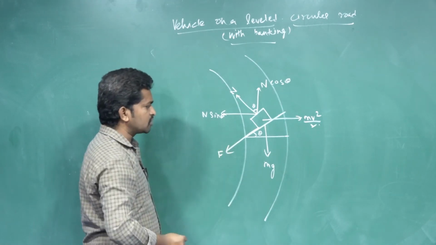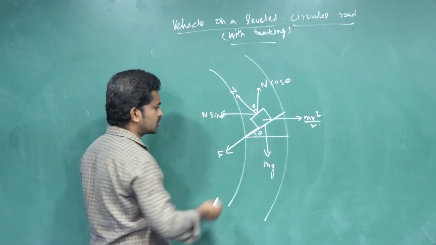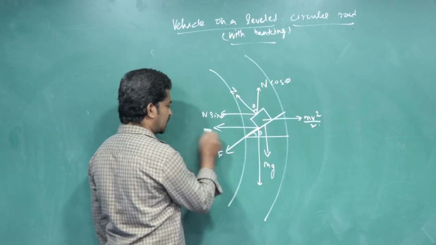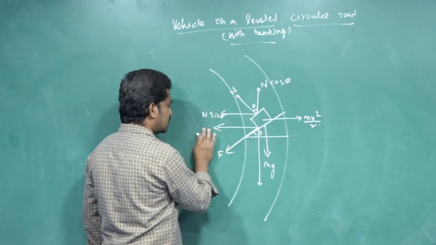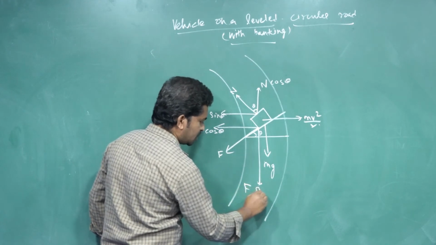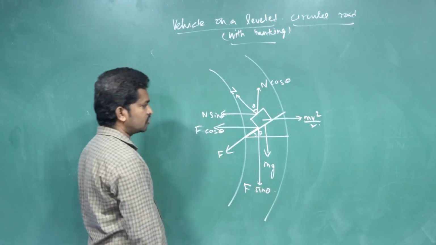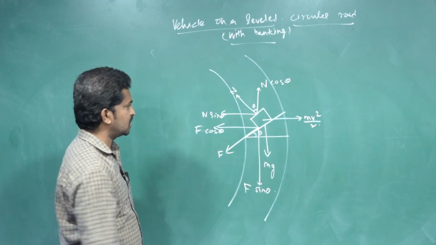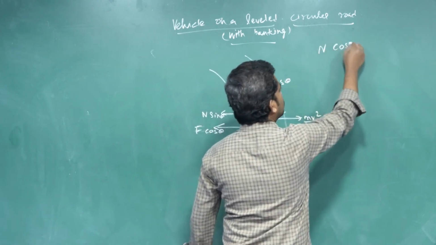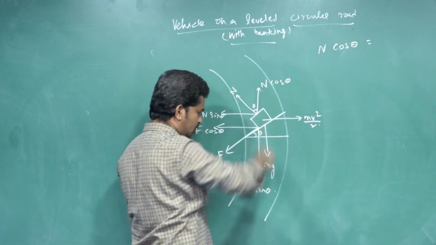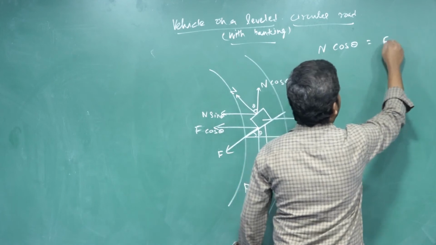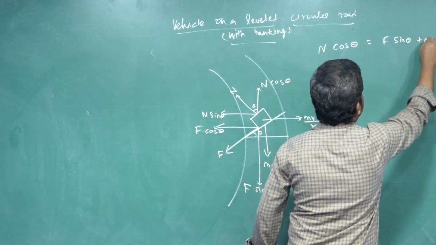This frictional force is also divided into two components, one horizontal and another vertical. This is f cos theta, and this is f sin theta. So all forces must be equal. N cos theta is equal to f sin theta plus mg.